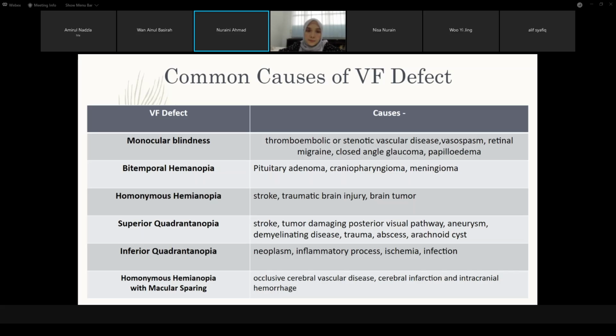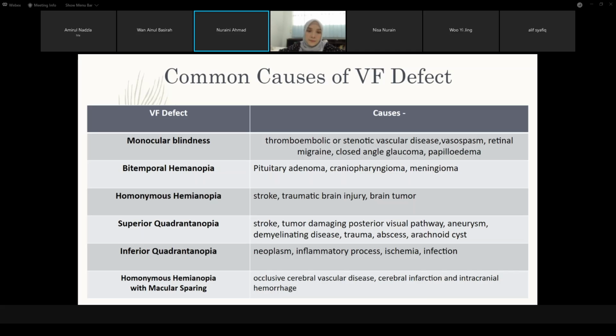Okay, next, homonymous hemianopia. Causes: stroke ke, traumatic brain injury, brain tumor. And then superior quadrantanopia: stroke, tumor damaging the posterior visual pathway, aneurysm, demyelinating disease, trauma, abscess, while the inferior quadrantanopia: neoplasm, inflammatory process, ischemic ataupun infection.